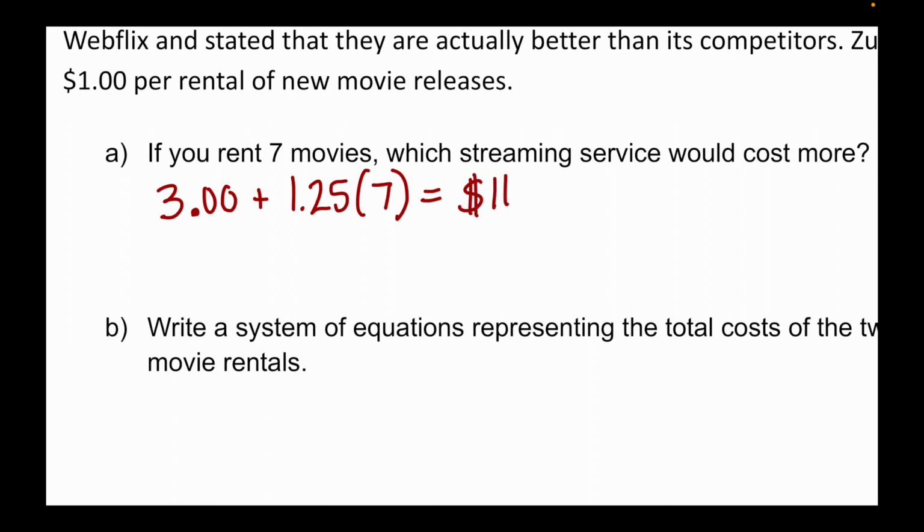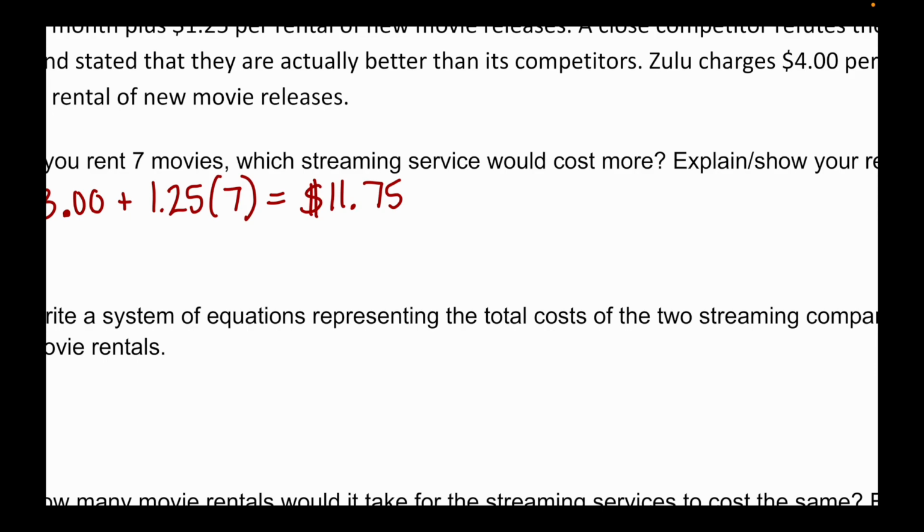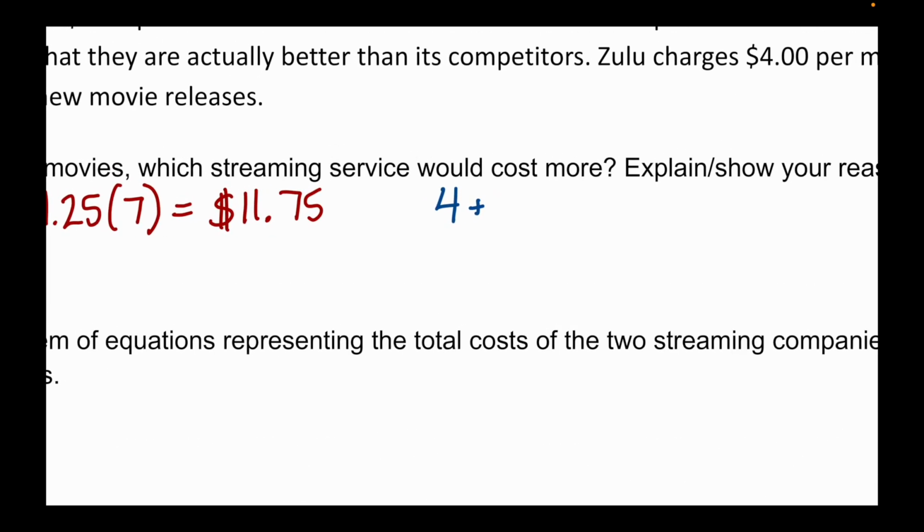So $11.75. And then Zulu, they said they were $4 a month, so 4, and then they were $1 per movie rental. Sorry, I should write this maybe as dollars and cents, since that's what I did with the last one. $4 plus $1 per rental. Now I know 1 times 7 is just 7, and then we can add 4 to that.